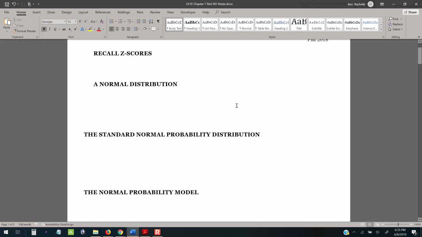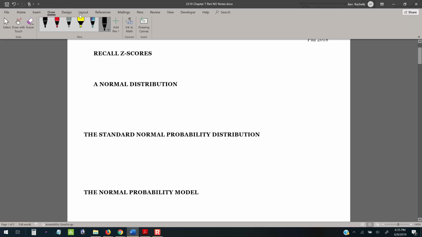As it turns out, the one thing we need to be able to go forward is actually z-scores. We learned about z-scores back in chapter 3, and if you remember, the formula for a z-score was z equals x minus the mean, I'm going to use mu for the mean here, divided by the standard deviation.